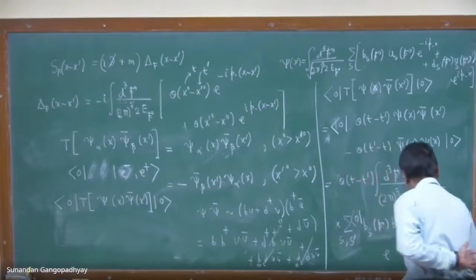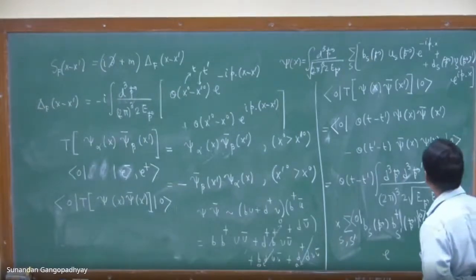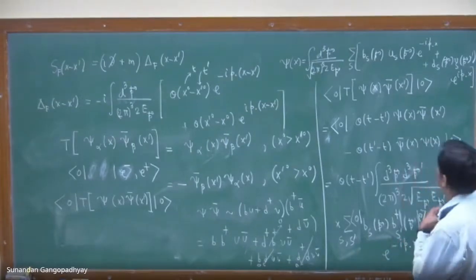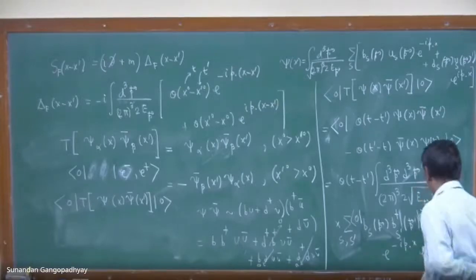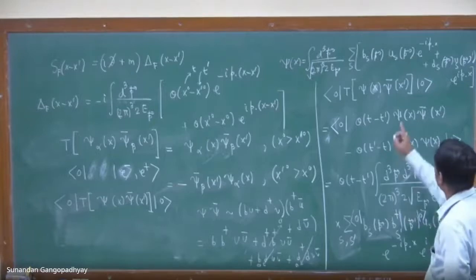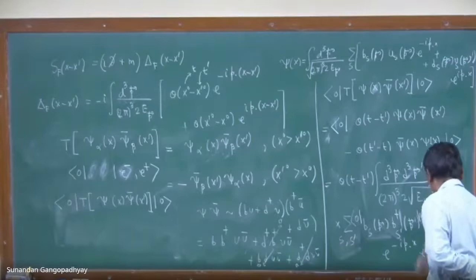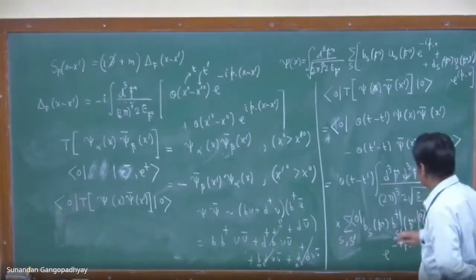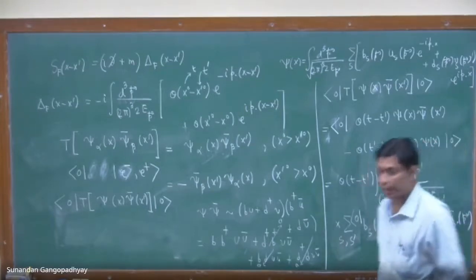So you have this thing, and then we have e to the power of minus i p dot x, then e to the power of plus i p prime dot x prime. That completes at least the first term, and then you will have a similar term, I'm writing dot dot dot, for the second term.